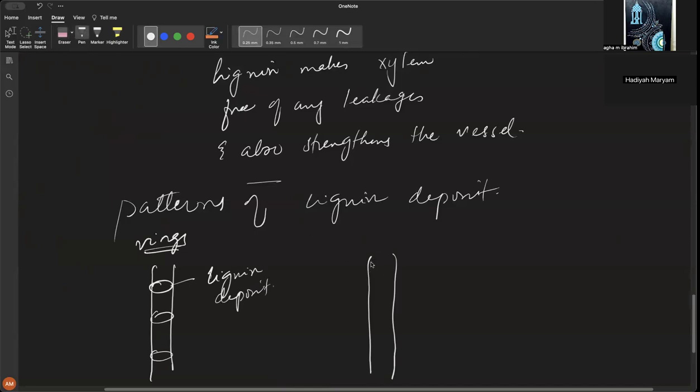The lignin can also deposit in a pitted form.